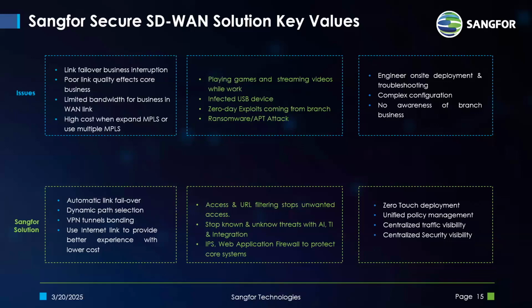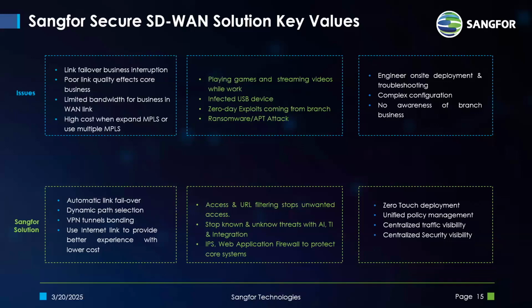You will get real-time monitoring and reporting. There is dynamic network segmentation. The Sangfor Secure SD-WAN solution isolates network traffic between different domains, preventing lateral movement of attackers within the system. Granular segmentation ensures that breaches in one segment do not compromise the entire network.